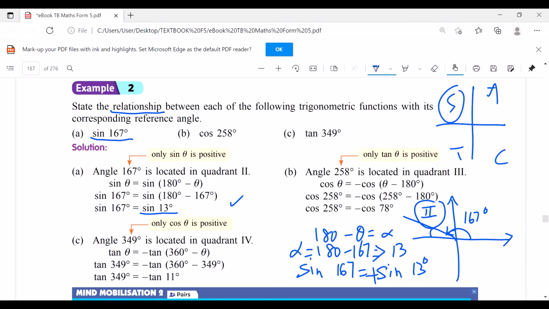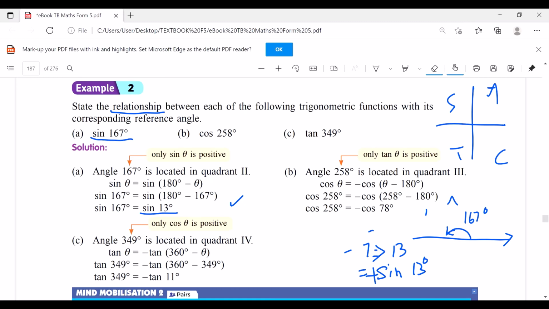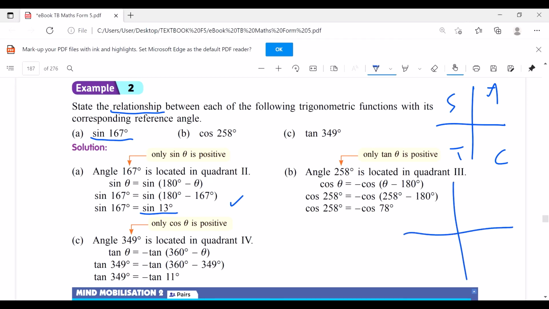Okay, next for B. For B, 258. Where is it located? 258 is not more than 270. That means it is still on the where? 180 here, 270, right?